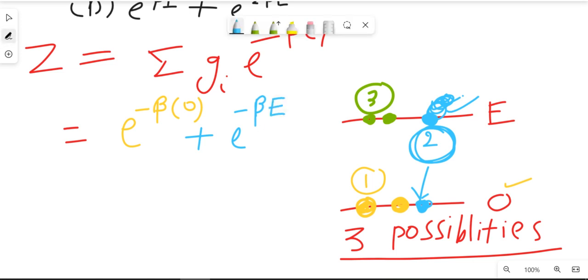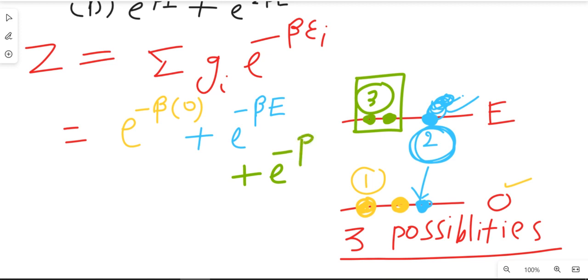And for the third possibility, both bosons are in the E energy level, so the energy will be 2E for these two bosons. So it will be plus e to the power minus beta, and energy is 2E.